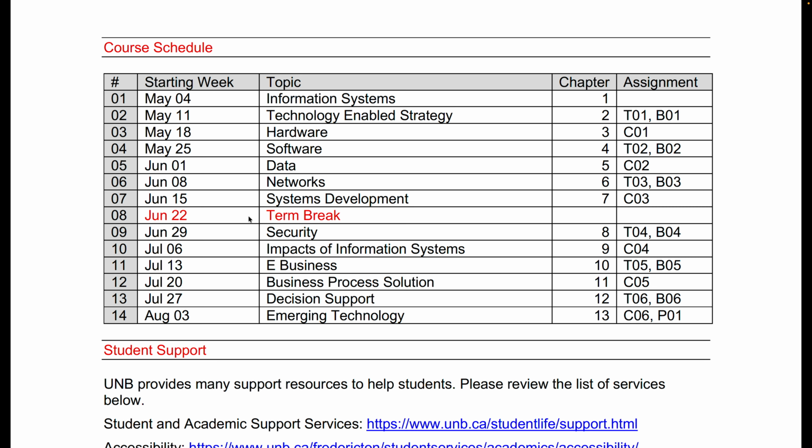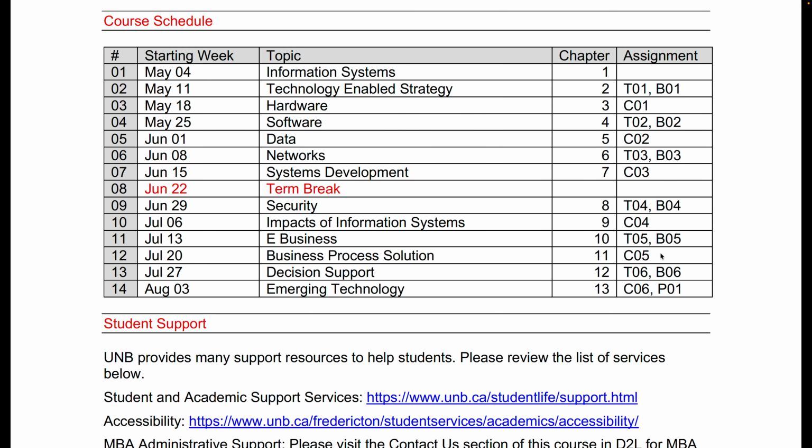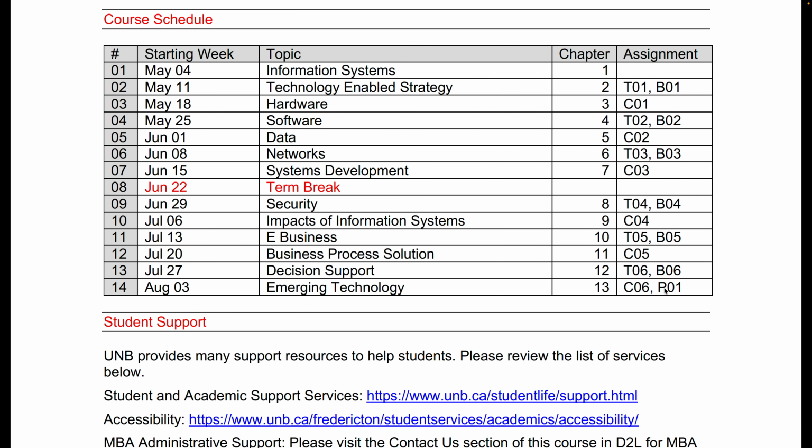And finally, we have the last module, which is on decision support and emerging technology. In the end, you will be completing the final comprehensive project, which would largely be based on the emerging technologies.